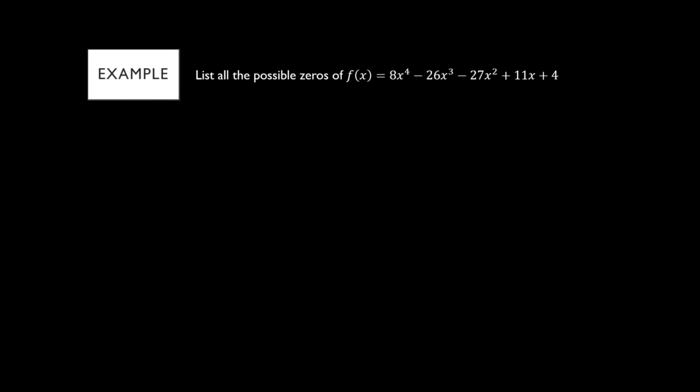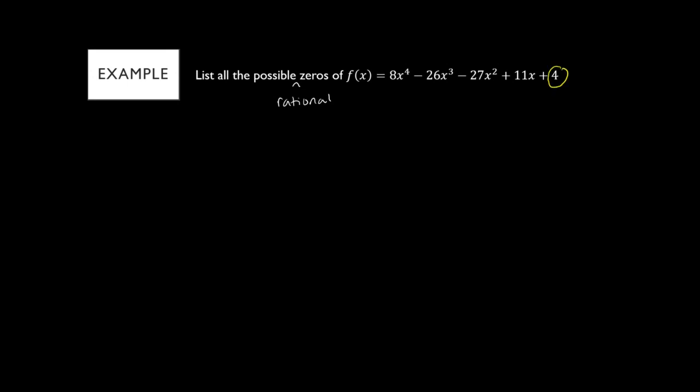So our first example here, we want to list all the possible zeros of f of x equals 8x to the 4th minus 26x cubed minus 27x squared plus 11x plus 4. And actually, I should say all the possible rational zeros, because there may be other zeros as well.